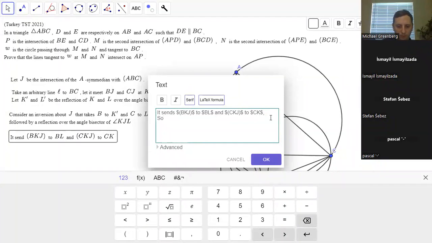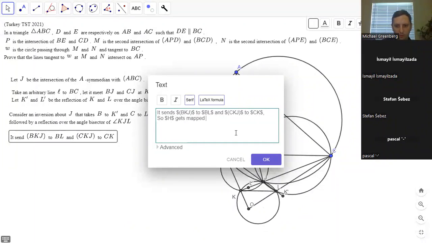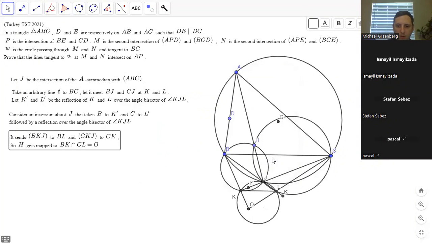So H gets mapped to the point where BK intersects CL, which we'll call O. By Ceva's theorem, OJ is the median of JKL.